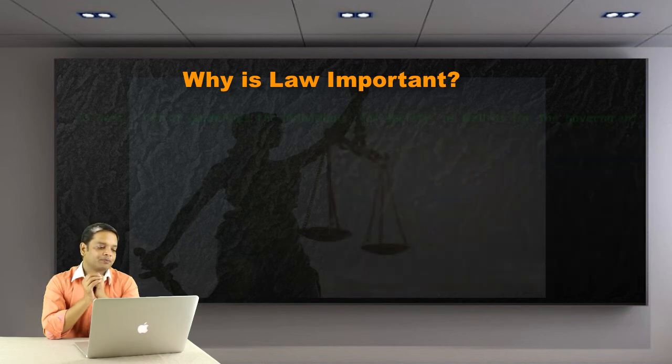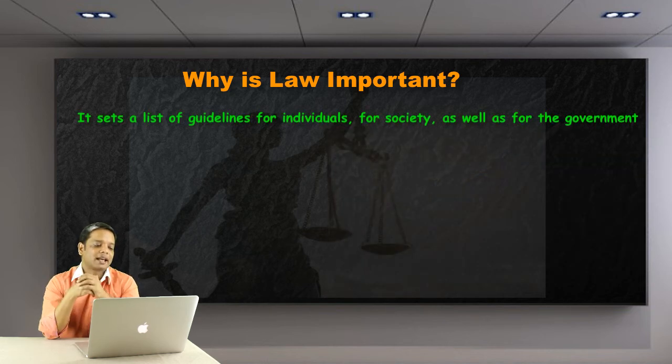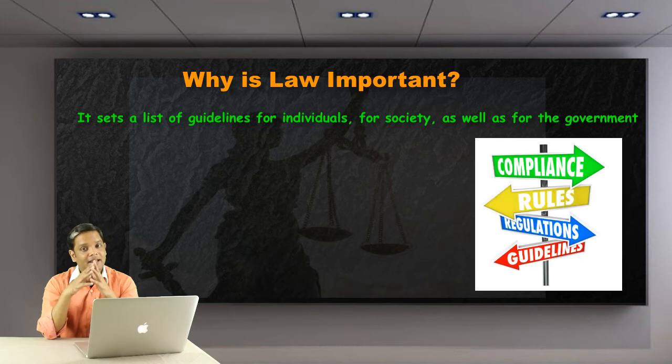It sets a list of guidelines for individuals, for society, as well as for the government. See what law does: it sets guidelines. We are studying that only, guidelines, isn't it? So it sets guidelines for the individual, meaning for we people. It sets guidelines for society at large. Society also has some role, and that is guided by the law.